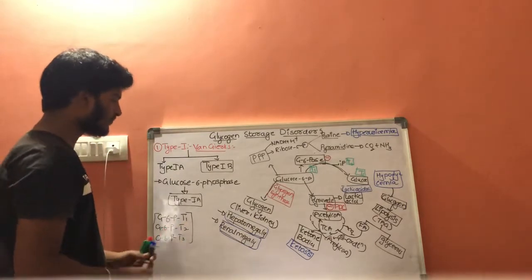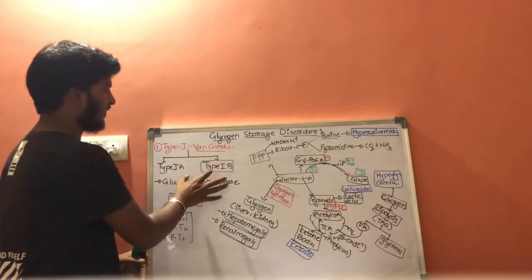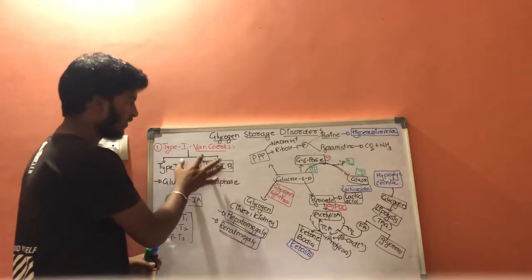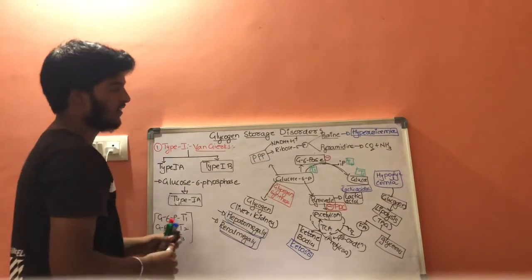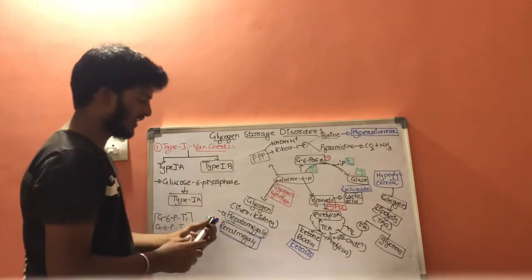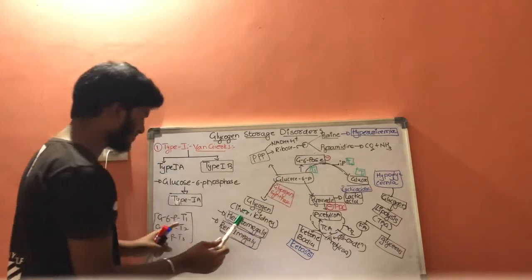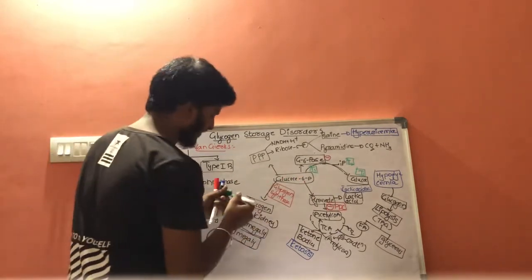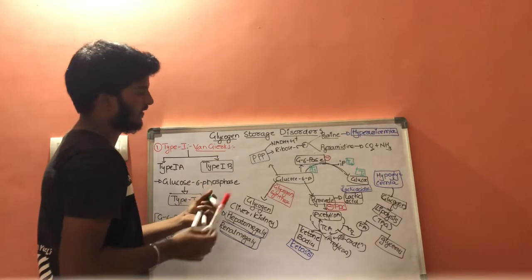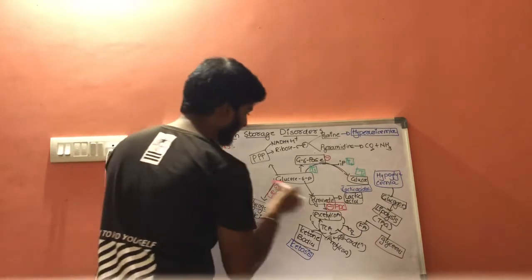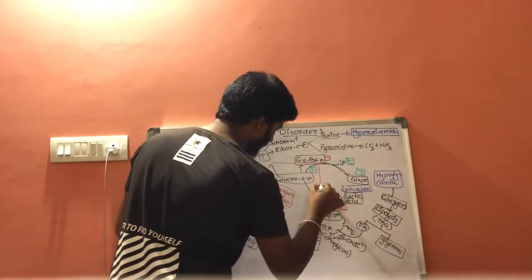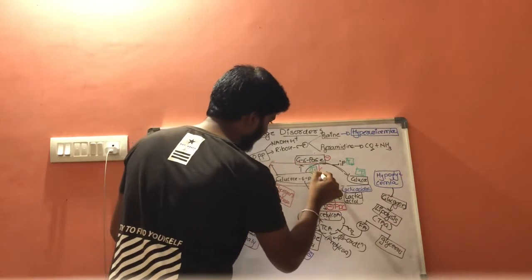Now in type 1b Von Gierke disease, transporter T1, that is glucose 6-phosphate transporter 1, gets affected.